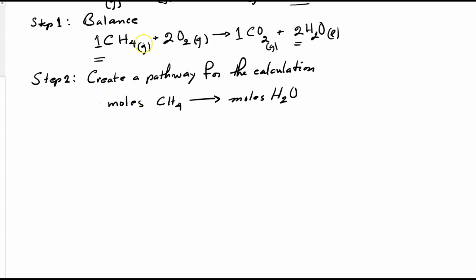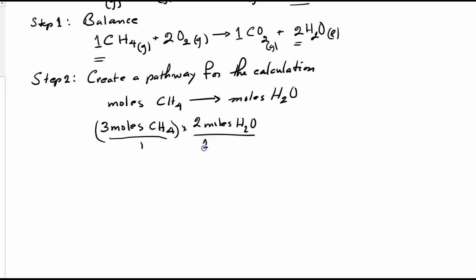So how many moles of methane do we have? Well, we have 3 moles of methane. That's what we're starting with. That's what our pathway tells us. 3 moles of methane. In this case, that's just over 1, just to keep things as a fraction. And in this case, we have a relationship that says, hey, we get 2 moles of water for every 1 mole of methane.